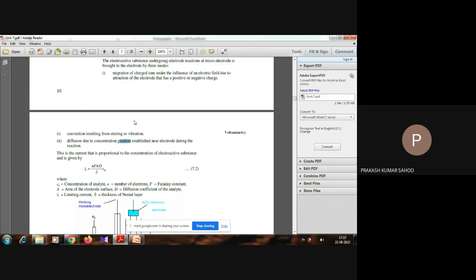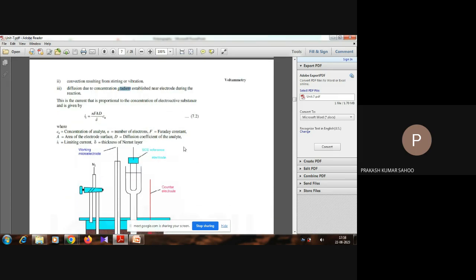So these are the three steps which denote how the electroactive substance undergoes electrode reaction. This is in hydrodynamic voltammetry: migration of charged ions in applied electric field, followed by stirring, that is convection, and followed by diffusion, that is concentration gradient.